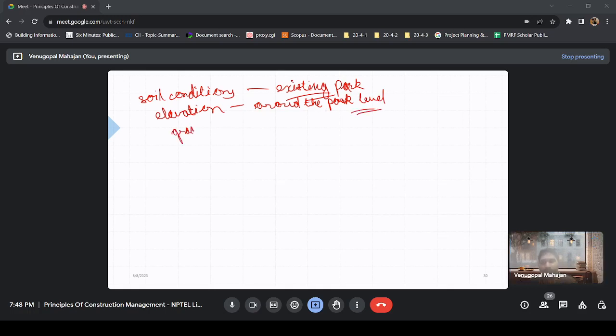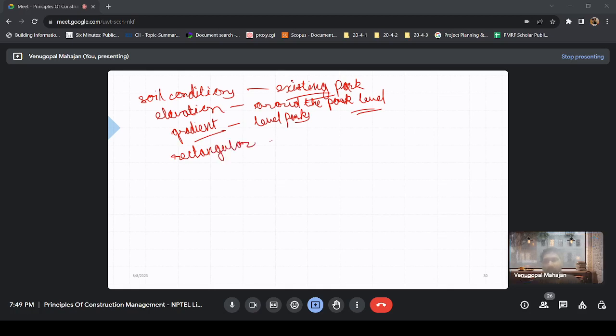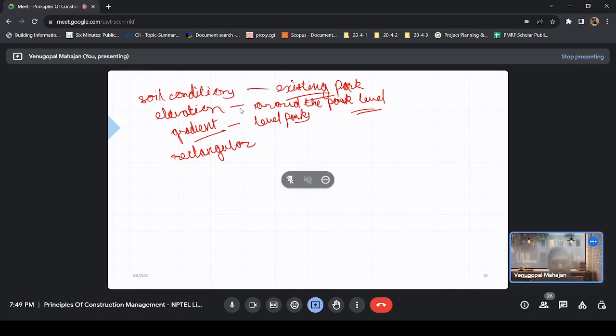What about turnings, sir? Why do you need turning? It is rectangular, rectangular with curved corners. Okay, rectangular, let's keep it to that. Anything else?